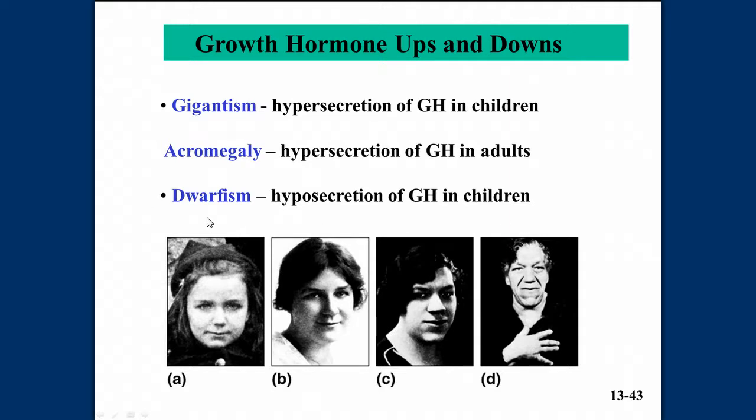But sometimes this can be a genetic factor, and the hyposecretion of growth hormone, even with the addition of a supplemental growth hormone from a prescription, may take care of the problem, or it may not.